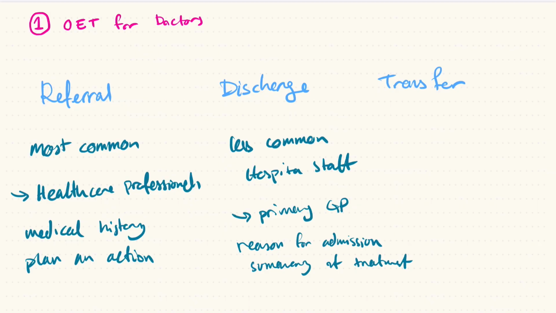And lastly, the last type is the transfer letter. So this is as opposed to a healthcare professional, as opposed to a specialist or a primary care doctor. The transfer letter is aimed at the other healthcare facilities.